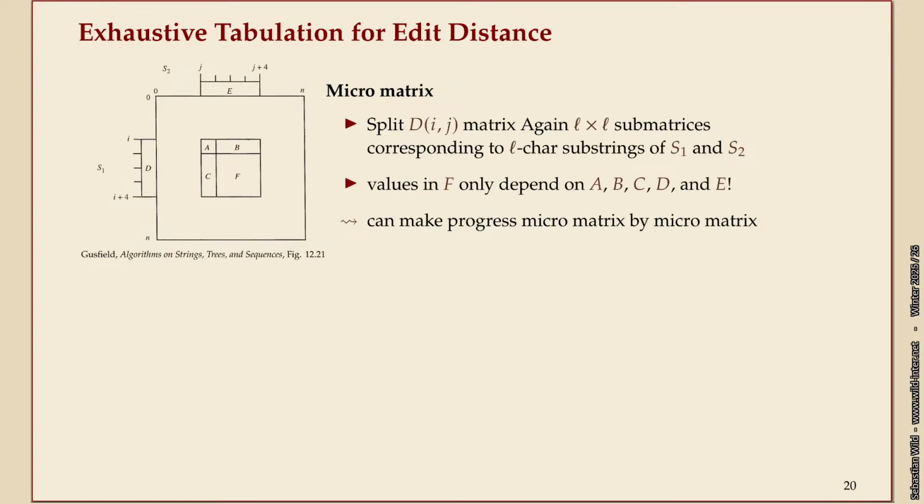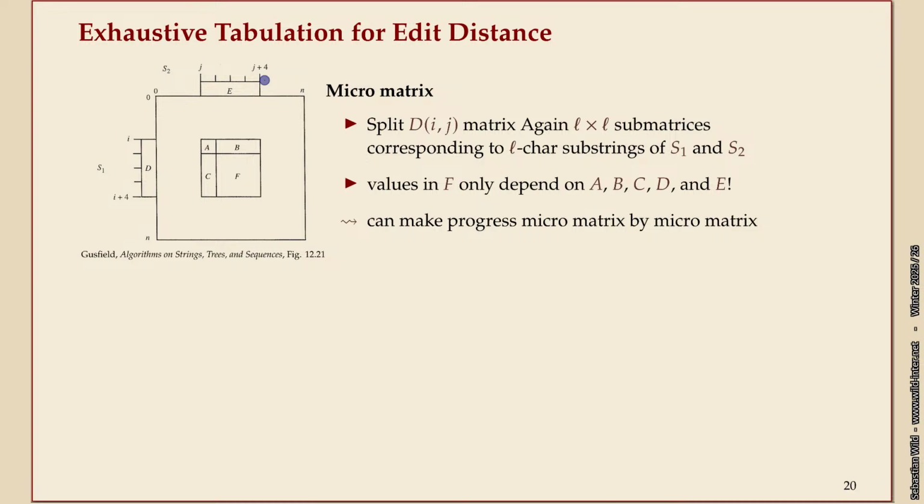How can we apply this to edit distance? We have as output a matrix, so clearly there's some superficial similarity, and we can divide the output matrix in some submatrices, micromatrices, L times L. The way the alignment matrix, or the dynamic programming matrix, is set up, these correspond to two substrings of the strings that we align.